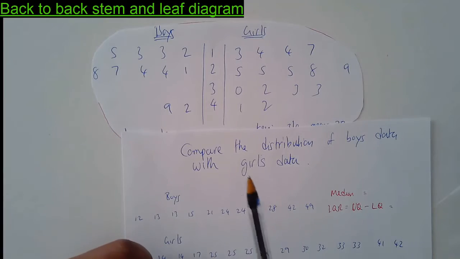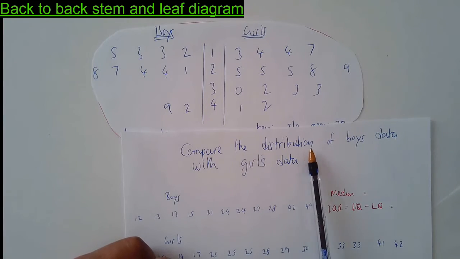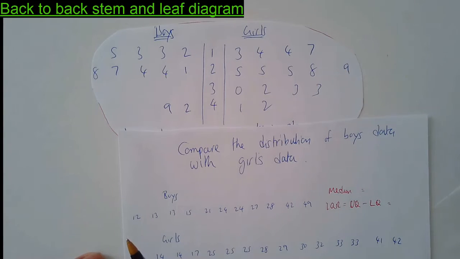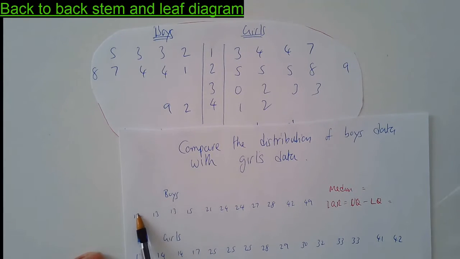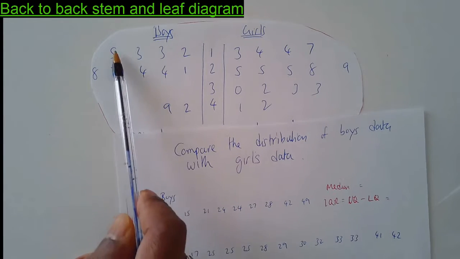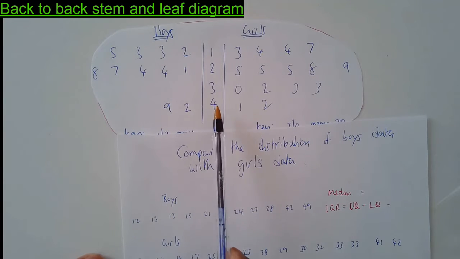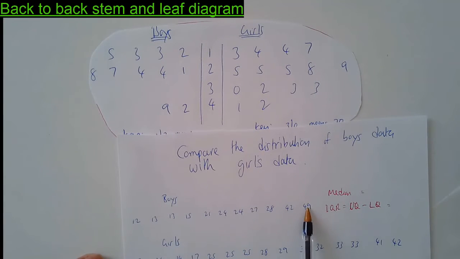Now what I'm going to do now is compare the distribution of boys' data with the girls' data. And just to make it easier, what I've done is I've put all the boys' data along here, all these numbers, starting with 12, the smallest number, and then finishing off with 49 right there.